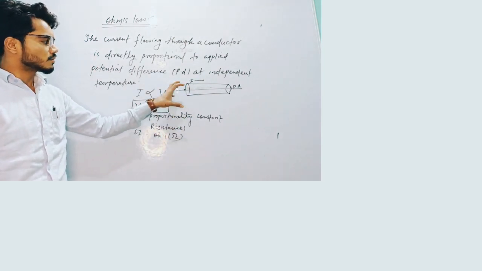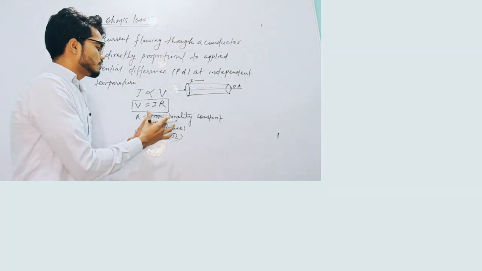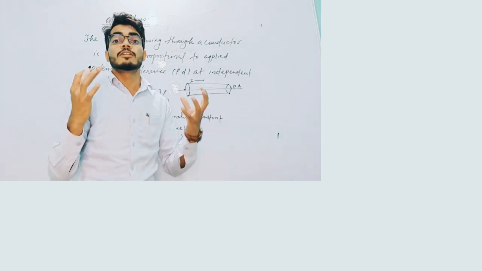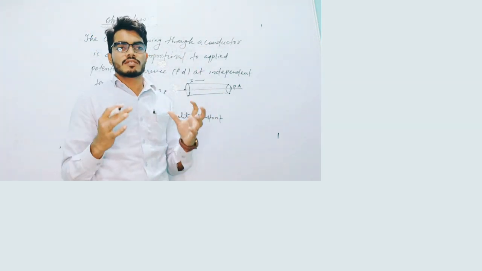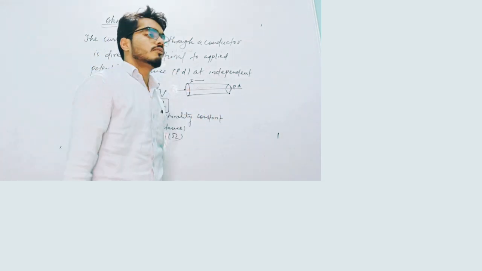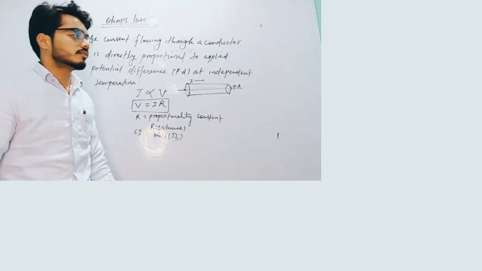So how can we easily understand this statement and the principle of Ohm's law? Let me explain with a practical approach and practical meaning which applies in our daily life, and applies to all students also.